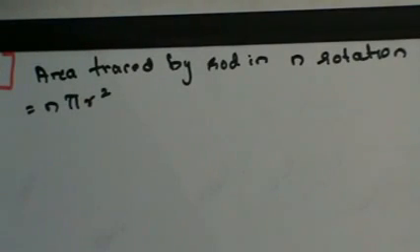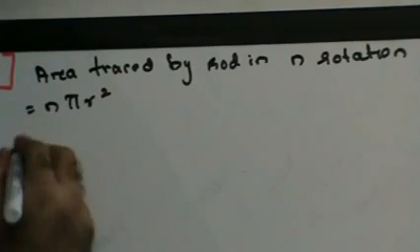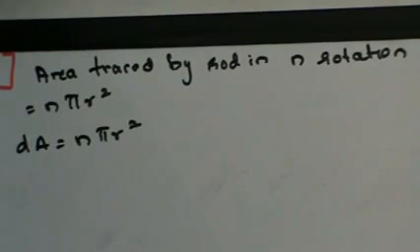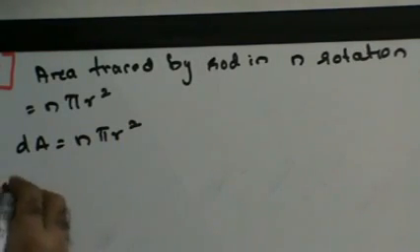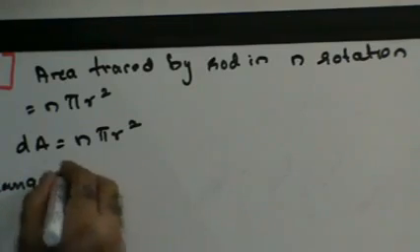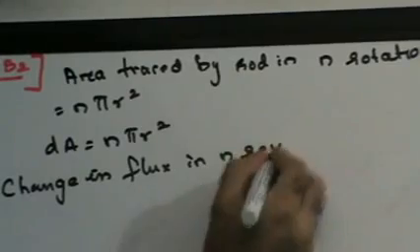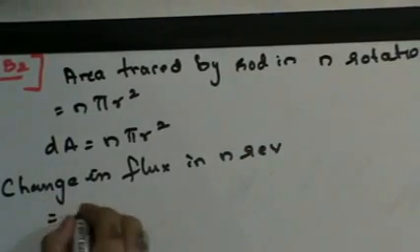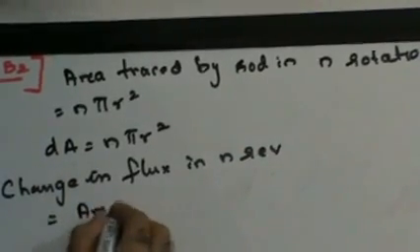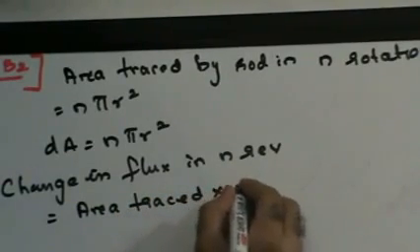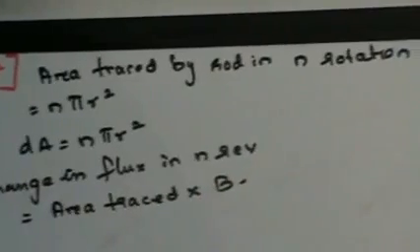Now, the change in area is n times pi r square, right? The change in flux in n revolutions will be nothing but the area traced in n revolutions multiplied by the magnetic induction.